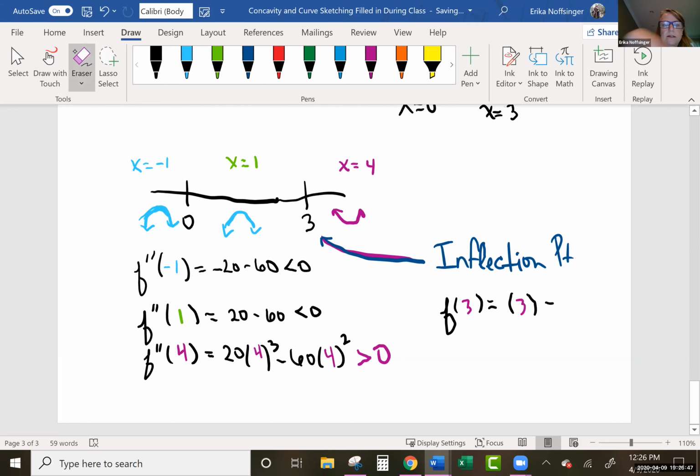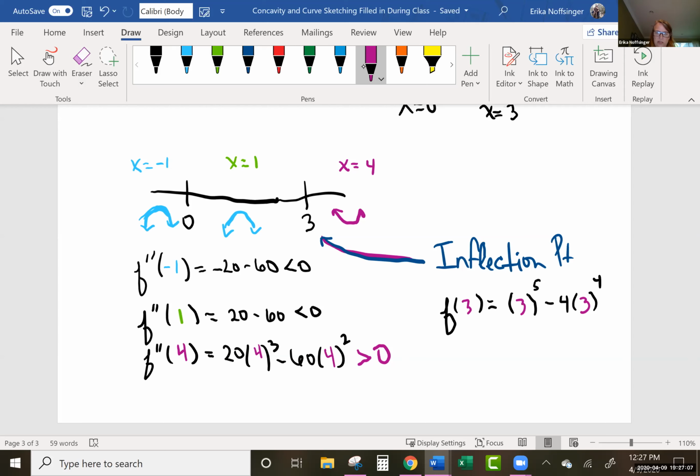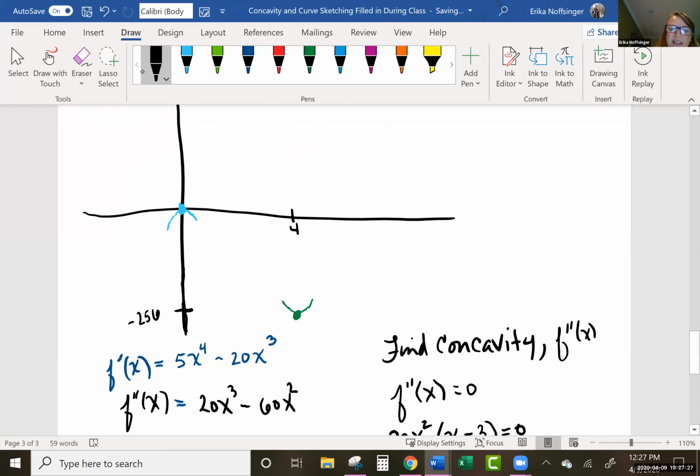Original was x to the 5th minus 4x to the 4th. So figuring that value out, 3 raised to the 5th minus 4 times 3 raised to the 4th. So that gives me negative 81. So back up here at 3, negative 81.